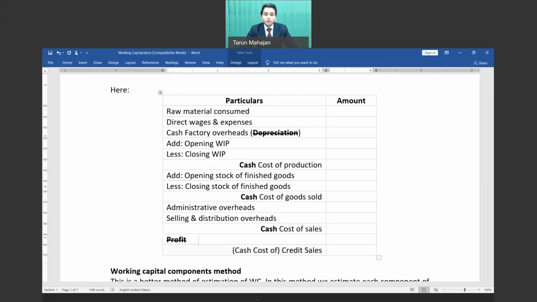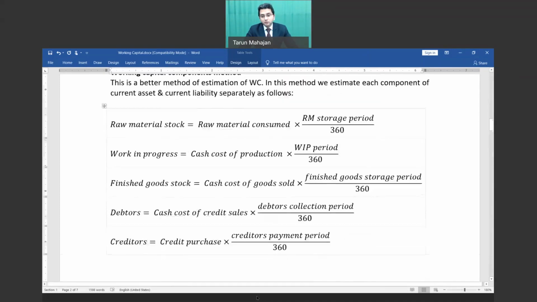So the point to be noted is the raw material formula will remain unaffected, but in the WIP formula, cost of production will be replaced by cash cost of production. Cost of goods sold is replaced by cash cost of goods sold. And instead of credit sales, now I'll take cash cost of credit sales. So see the formula.